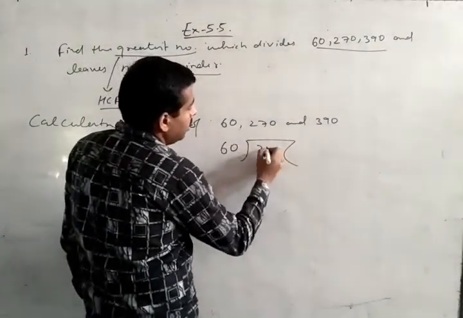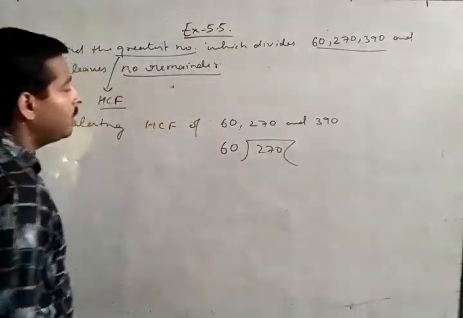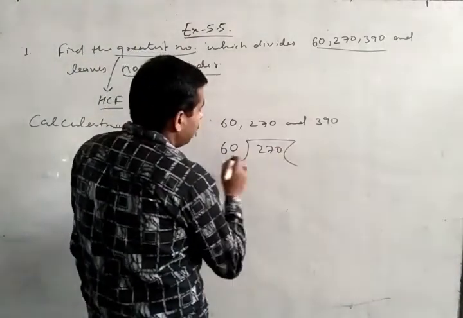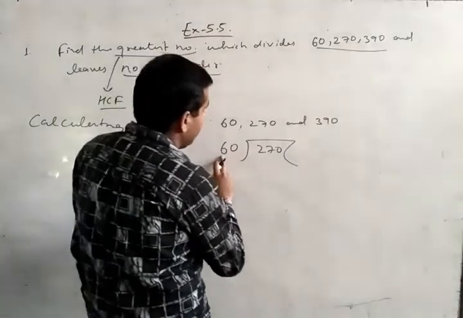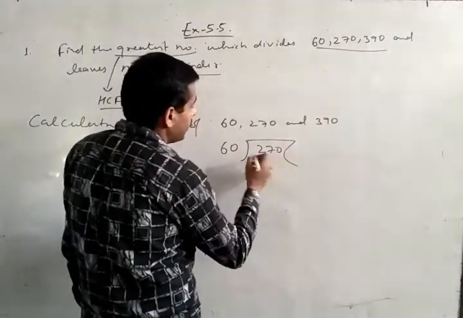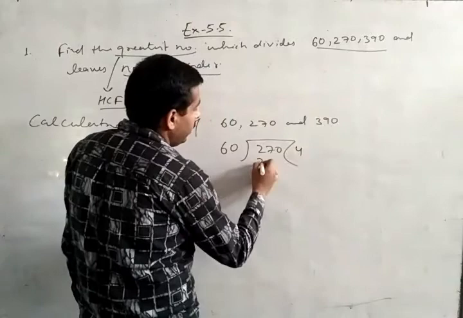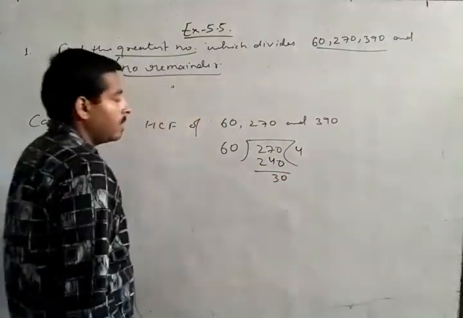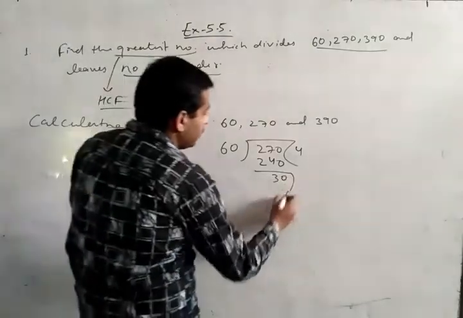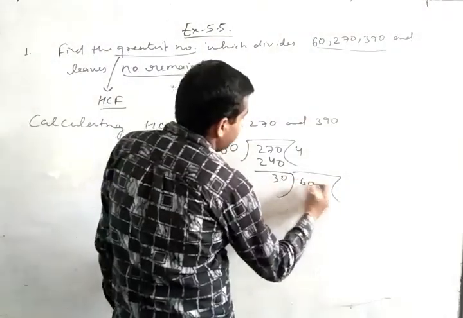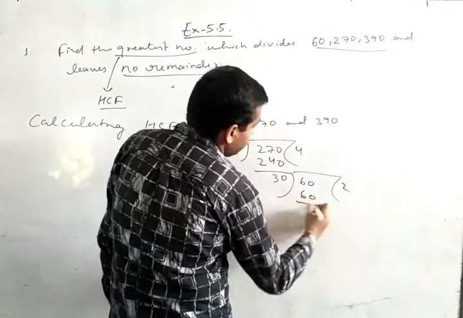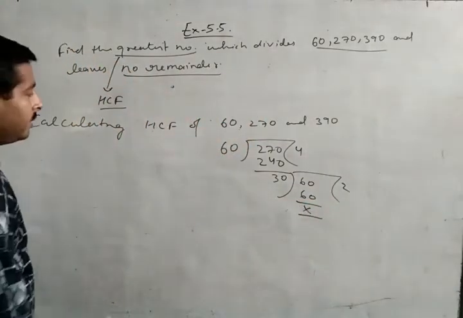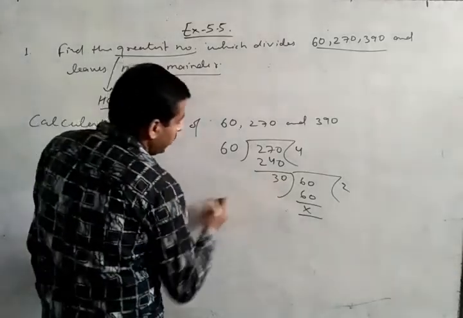Now divide 270 by 60. 6 4s are 24, which gives you 30. Now dividing 60 by this 30, you will get remainder 0. Means HCF is 30.